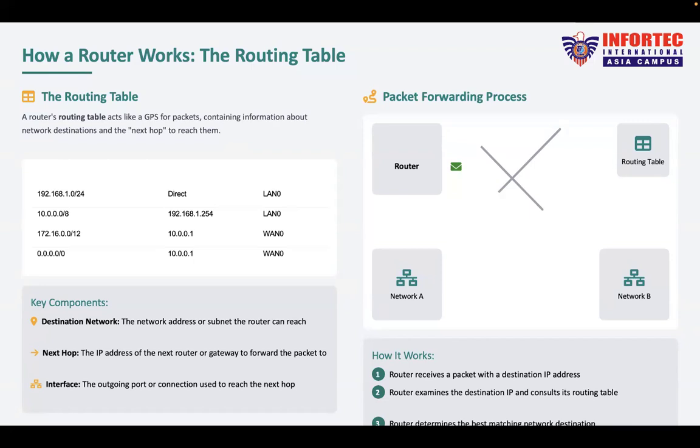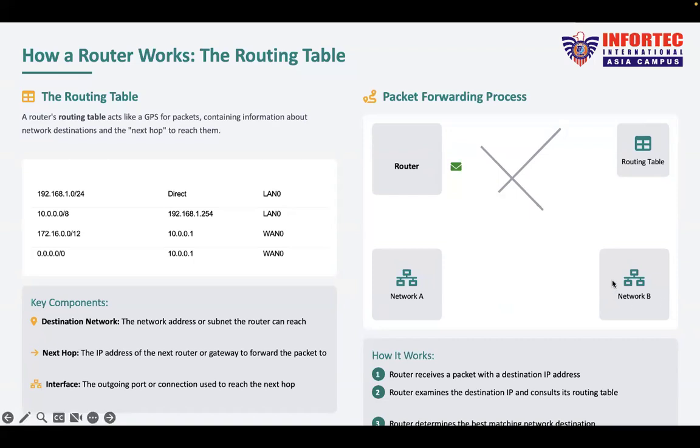And I have listed some key components: destination network, next hop, interface. So this is how it works actually. We have the router here, and then we have the routing table where we record all these details.